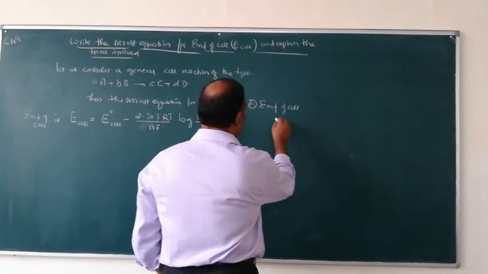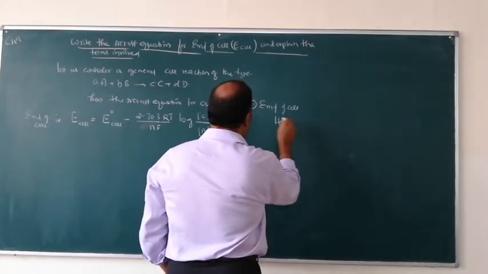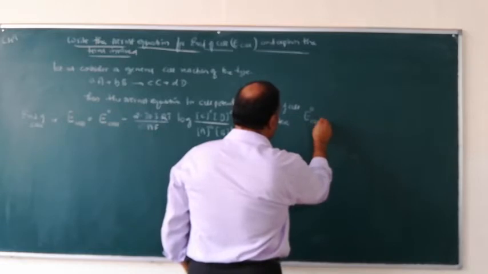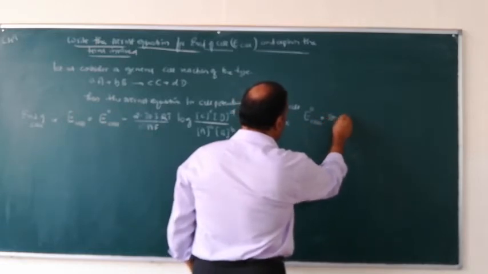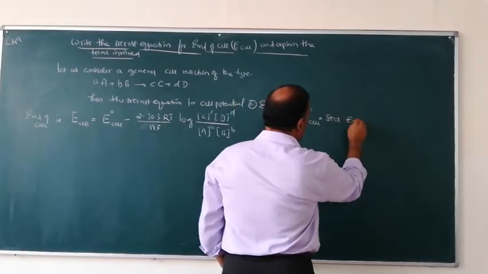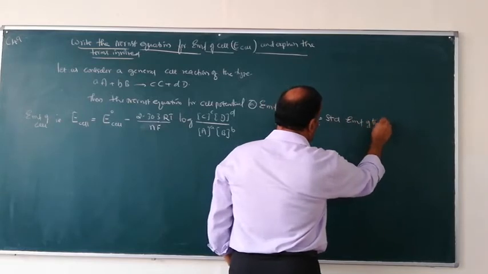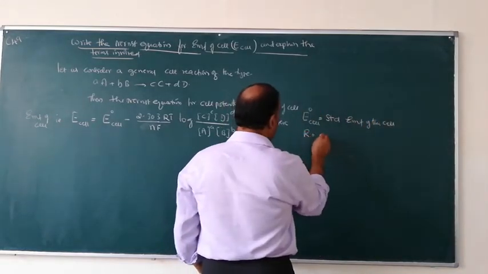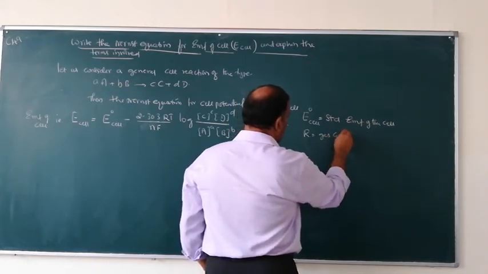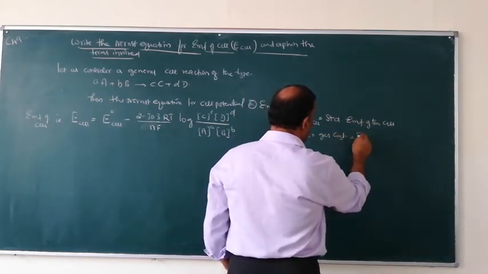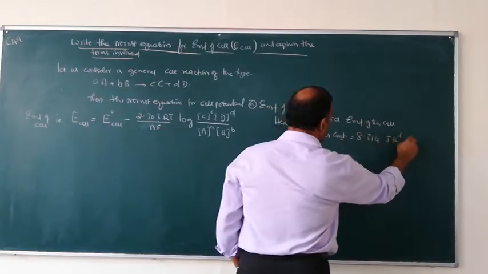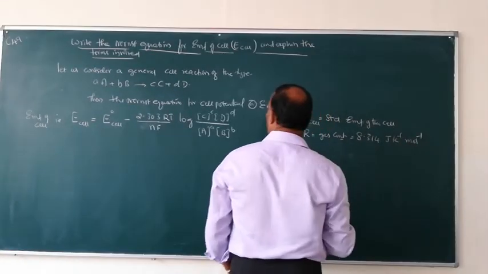So here, what is E naught? E naught of cell is equal to standard EMF of the cell. R equals gas constant, that is equals 8.314 joule per Kelvin per mole.